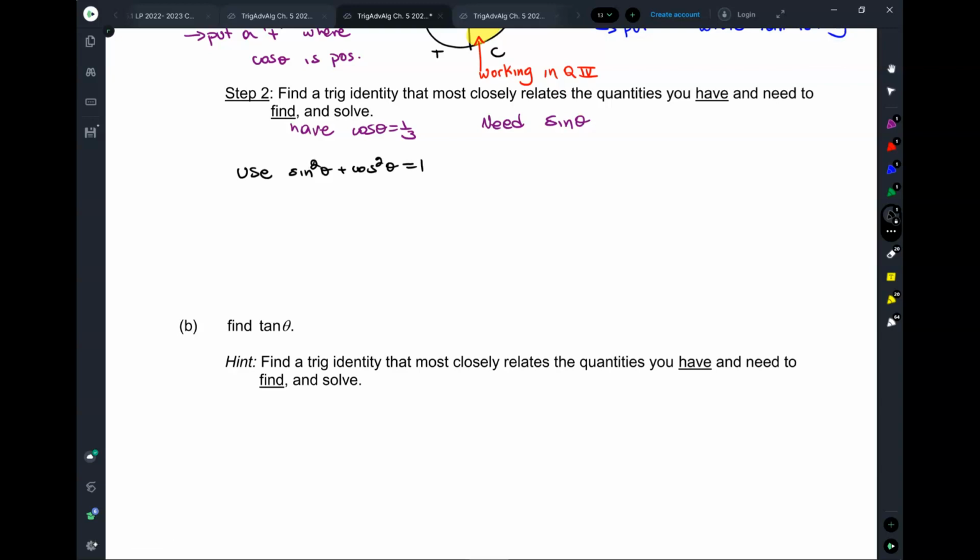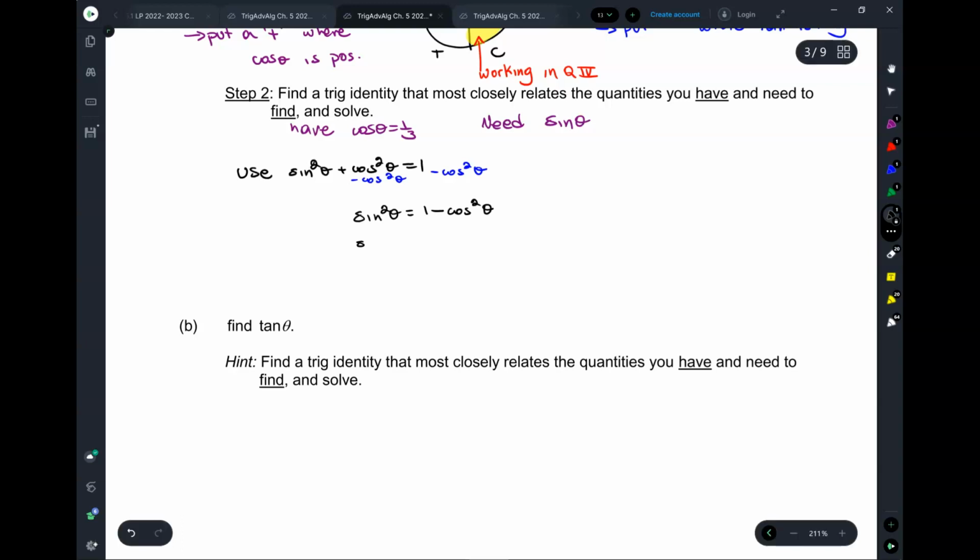What do I need to find here? Sine. So can I solve this for sine just like we did earlier? Yes. So sine squared theta is 1 minus cosine squared theta.